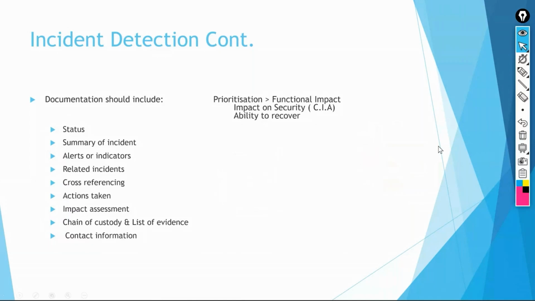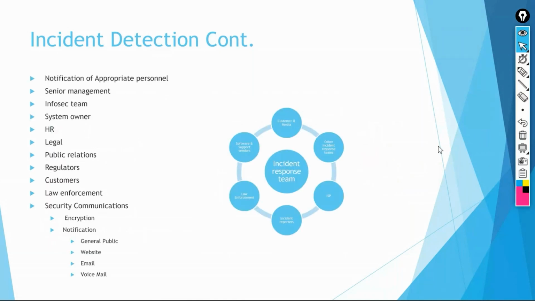Now when we are talking about an incident detection team notifying the appropriate people, once we detect the incident, we need to inform the senior management, the infosec team, the system owner, HR, and the legal team. The public relations team should prepare a message and notify the media and the public.